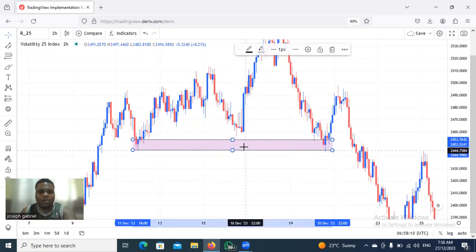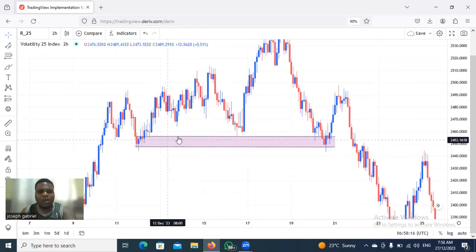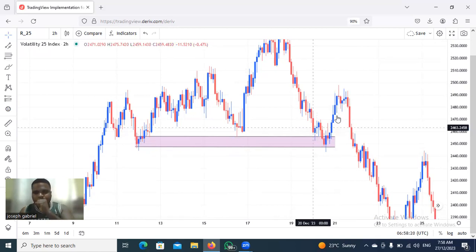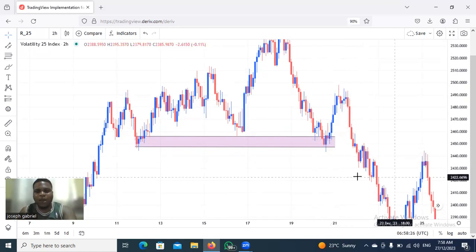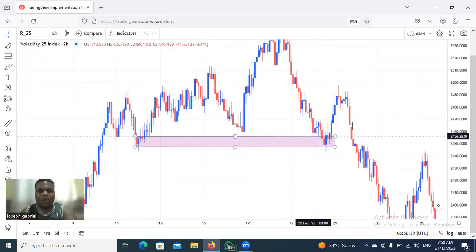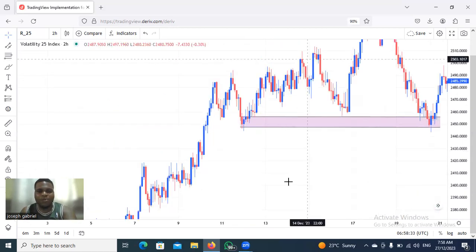So we have buyers coming around this period. Buyers came here, one, two, and the third time they came into this place, and you can see they gave us a buy, before the market followed the directional trend. So we had that as our buy zone.